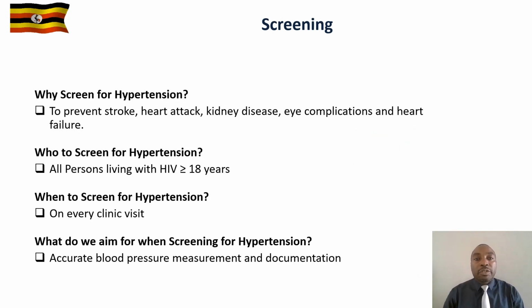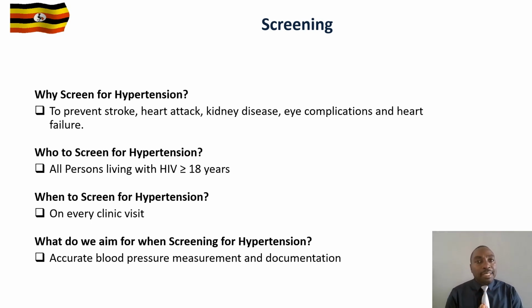So how do we screen for hypertension? It is important that we screen to prevent those complications I have talked about: stroke, heart attack, eye complications, kidney complications, heart failure. As the heart continues pumping against high pressure peripherally, the heart itself can undergo damage in the process, so you can end up with heart failure.